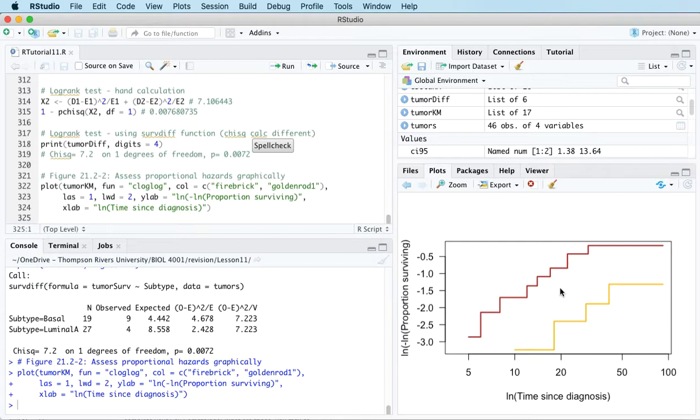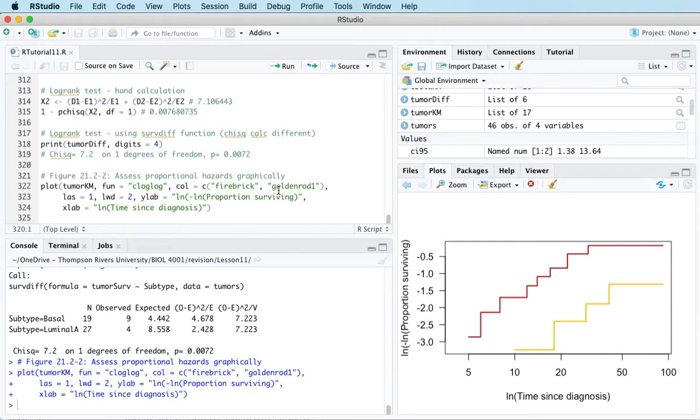If these curves were very, very non-parallel, so let's say the red one went up like this and the yellow one went over here, like totally not parallel, then we wouldn't really have any justification for using the log rank test. But in this case, it's fine, and so that log rank test that we did is reasonable.